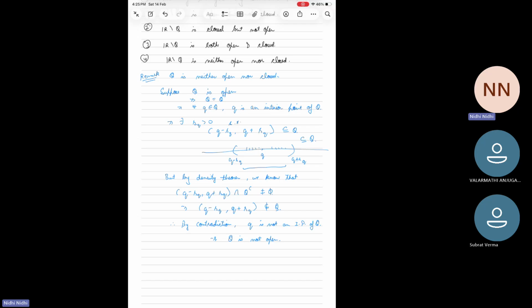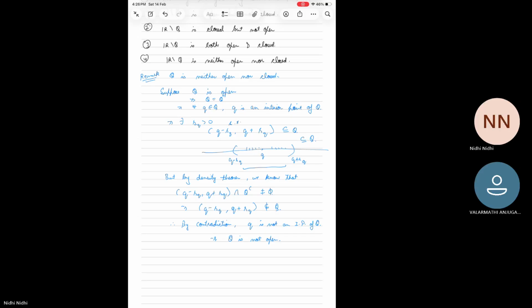If we consider the set of real numbers with the usual Euclidean topology, the set of rationals cannot be closed or open. Okay, so till here is it fine? Please let me know if you have any doubt in any step I have done till now.